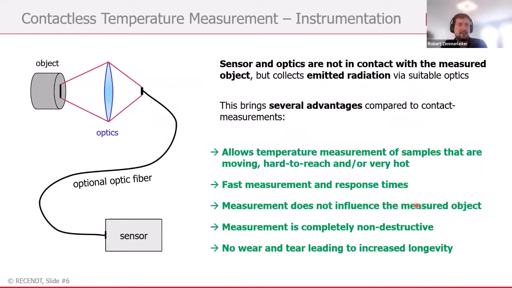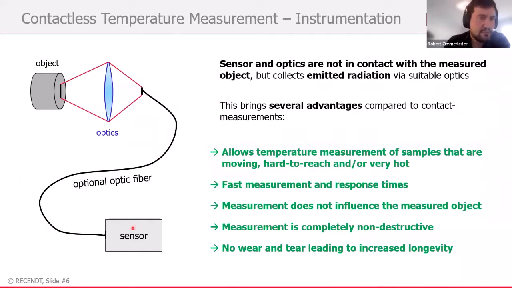So here we see a schematic setup, which we can use to optically measure the surface temperature of an object. We have the object itself on the very left side. We use some optics to collect the radiation that is emitted from the object. Then we couple it into an optional optic fiber, which delivers the signal to our optic sensor.